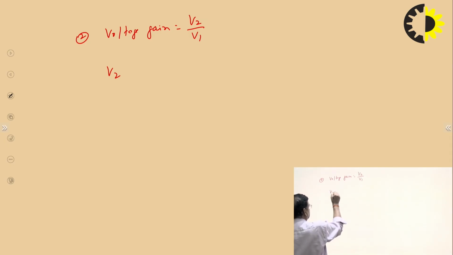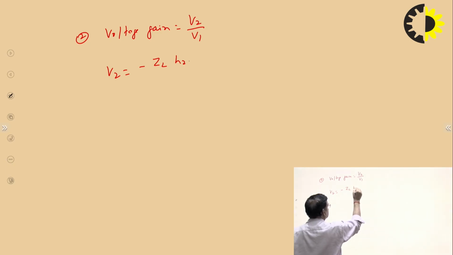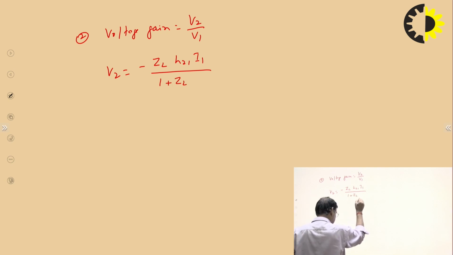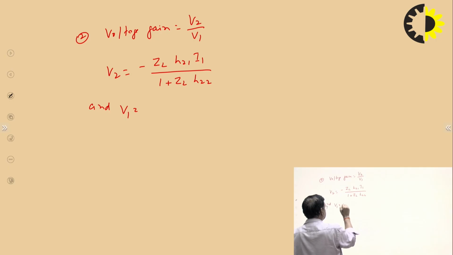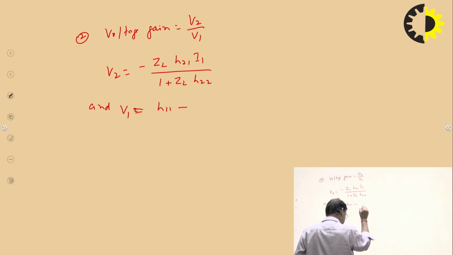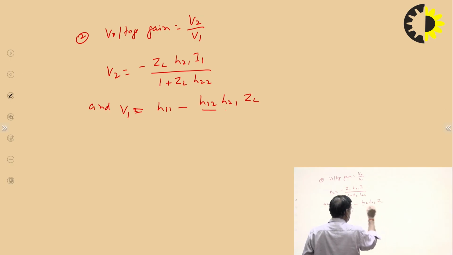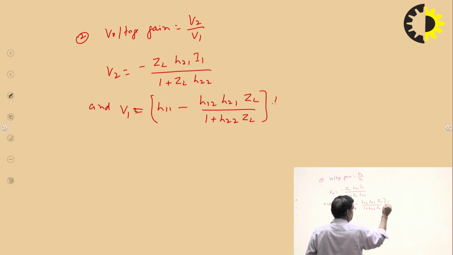V2 is equal to minus ZL H21 I1 upon 1 plus ZL H22, and V1, if you remember, was H11 plus delta H ZL upon 1 plus H22 ZL into I1.